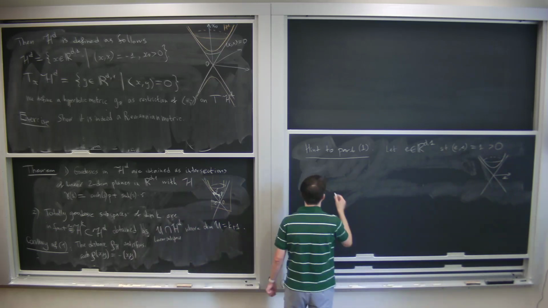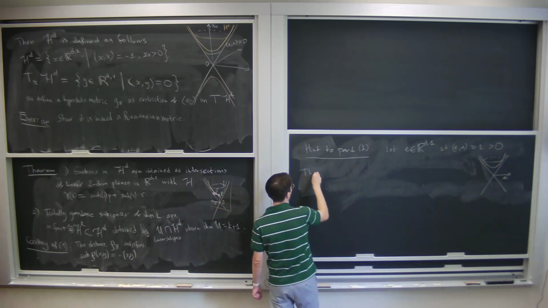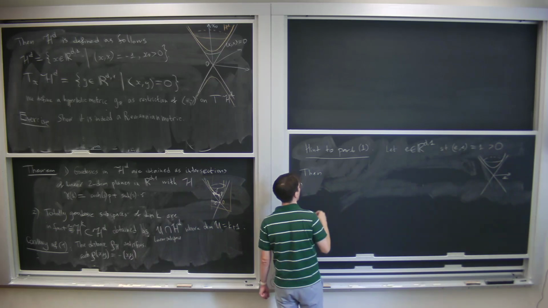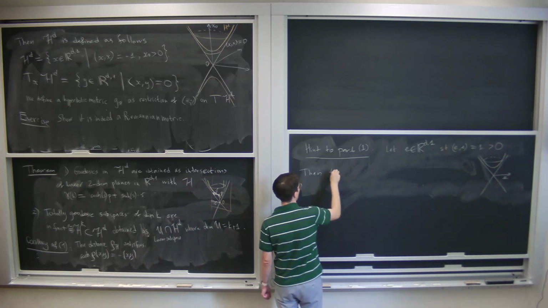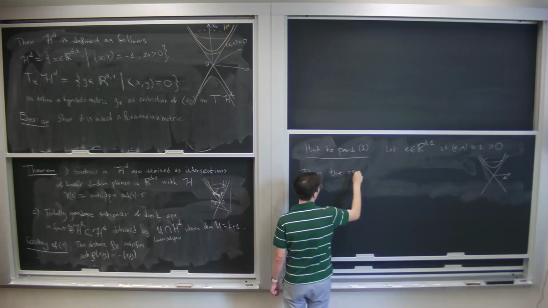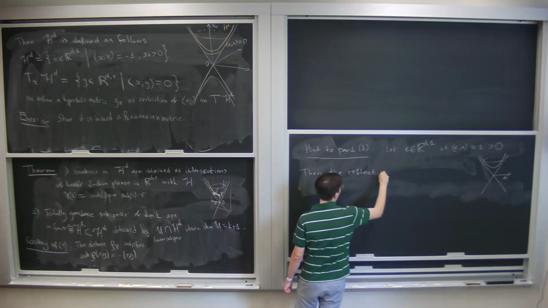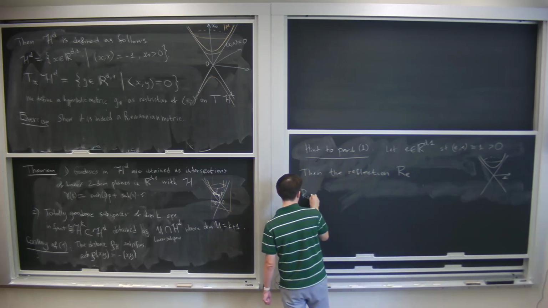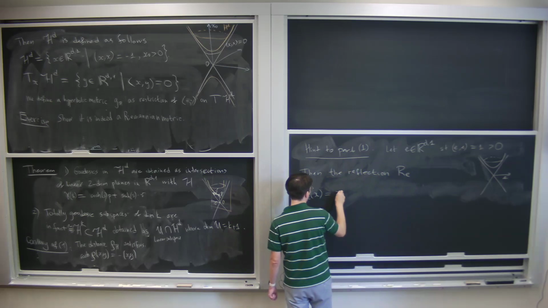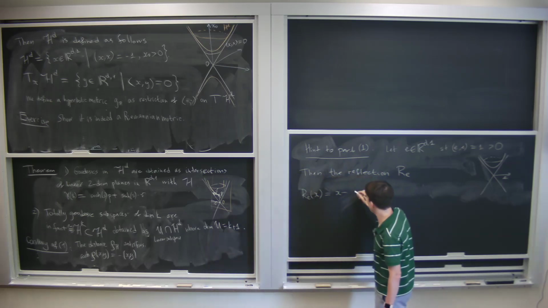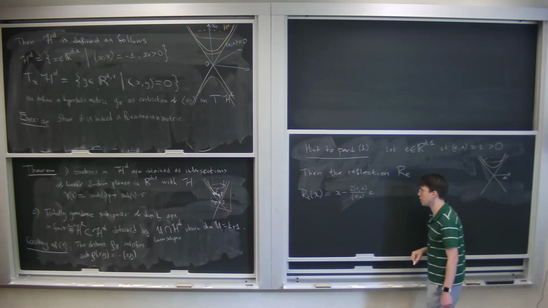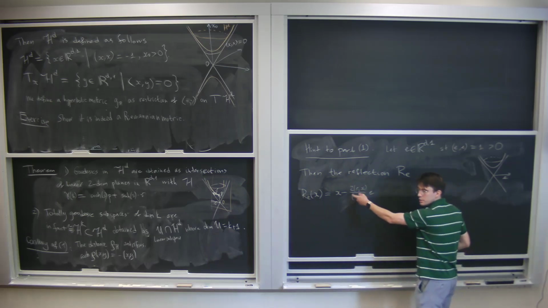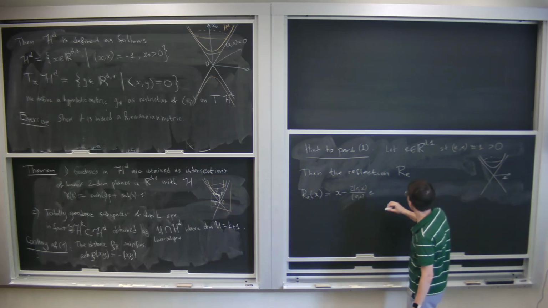And then the reflection R_E, which is defined as R_E of X sends X to X minus 2 (E·X) over (E·E), multiplied by E, but usually we normalize E to make E·E equal to 1, right?